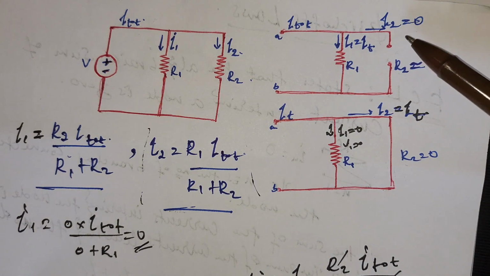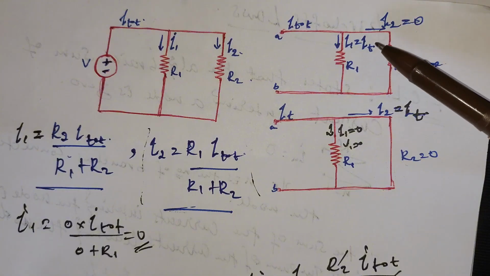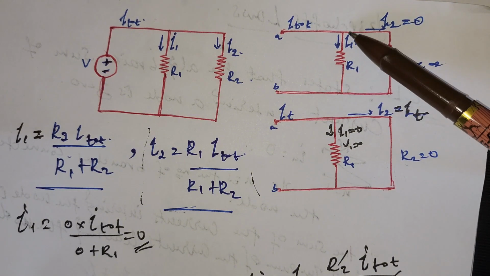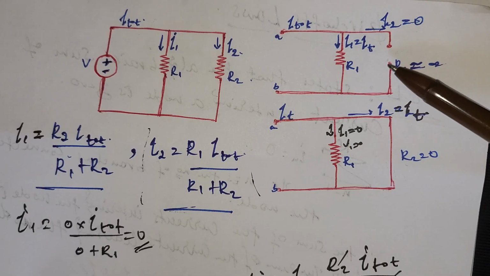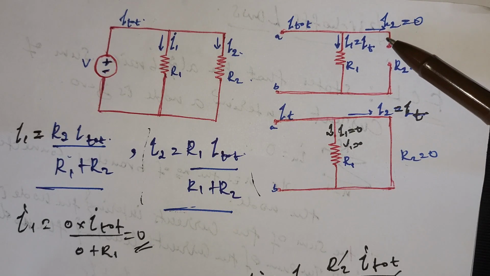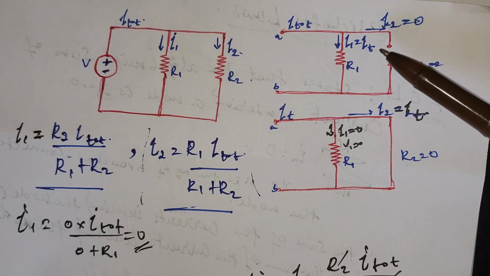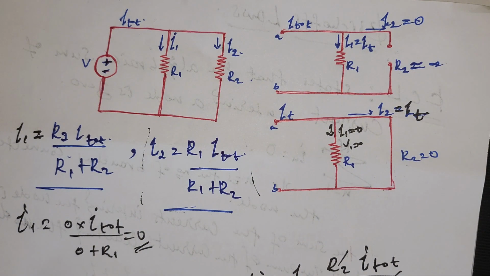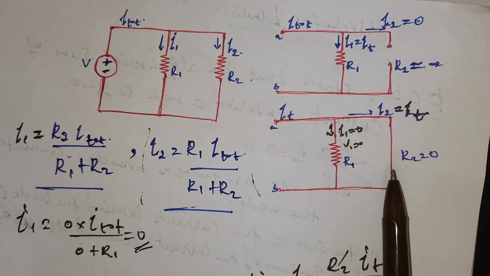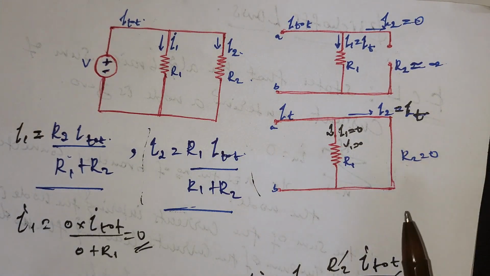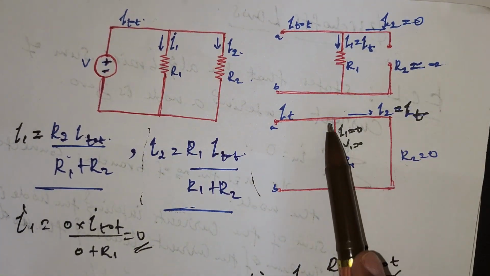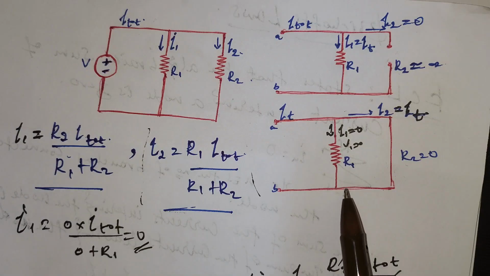When it is open circuit, the whole current will flow into the first branch, and no current will flow through the other branch, because current always chooses the path with the least possible resistance. So when it is short circuit or a connecting wire, the whole current will flow into this path and no current will flow in this branch.